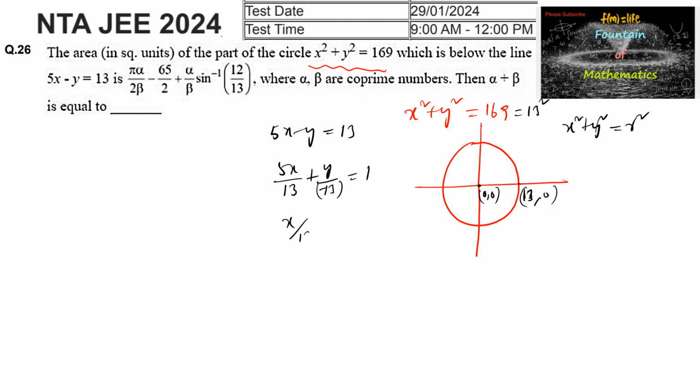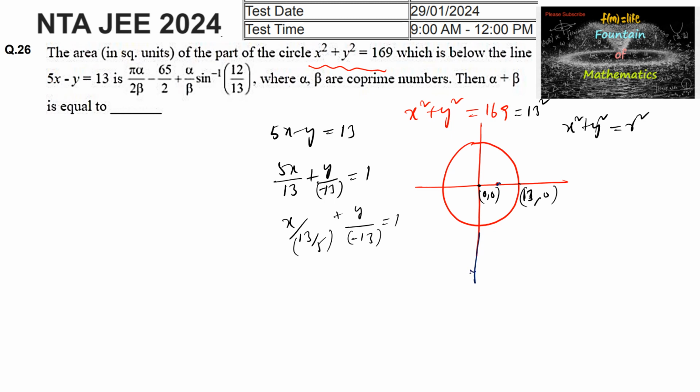So we can say x upon 13 by 5 plus y upon minus 13 is equal to 1. X intercept is 13 upon 5, which is around between 2 and 3, and y intercept is given minus 13.